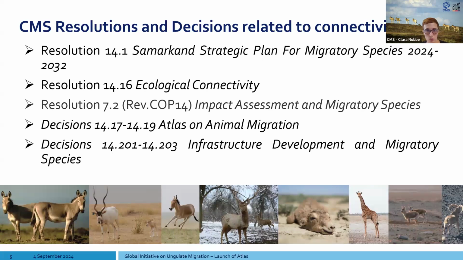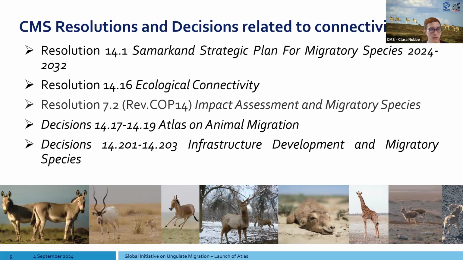Resolution 7.2 on impact assessment and migratory species contains a request to the parties to develop and use environmental impact assessments and also strategic environmental assessments. So again, data will be required by them when using these kinds of tools.